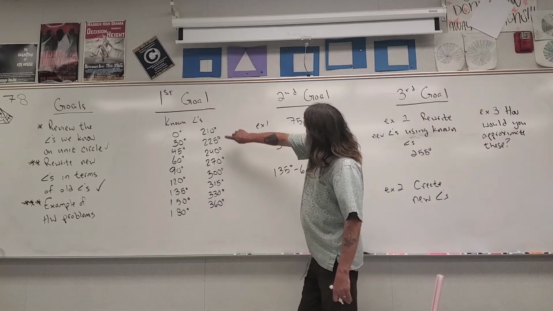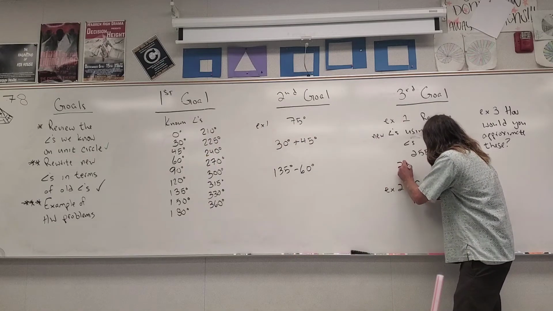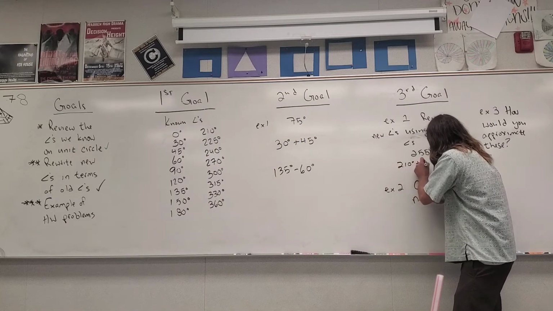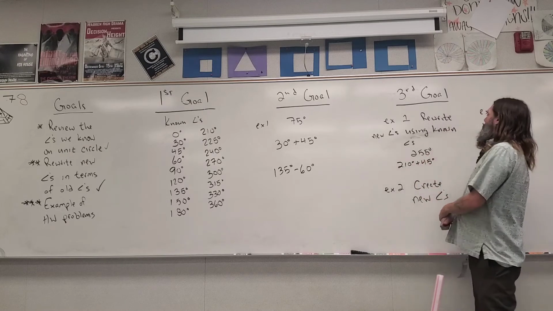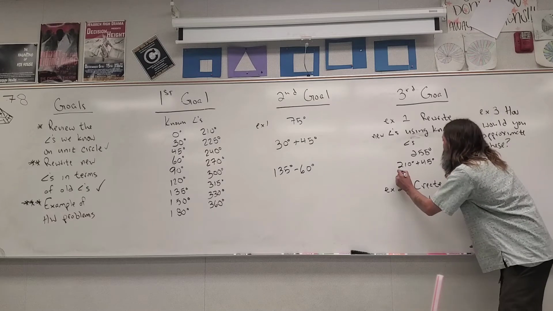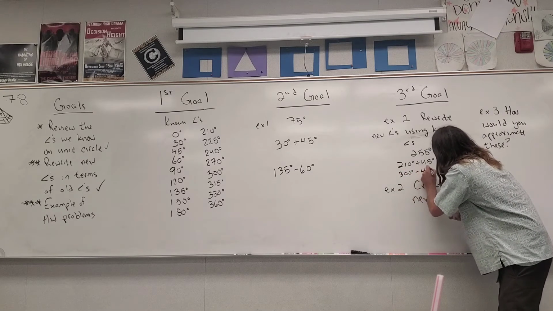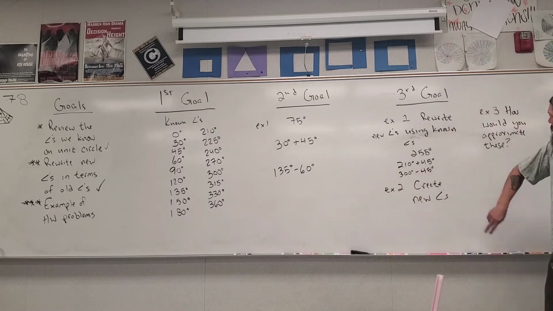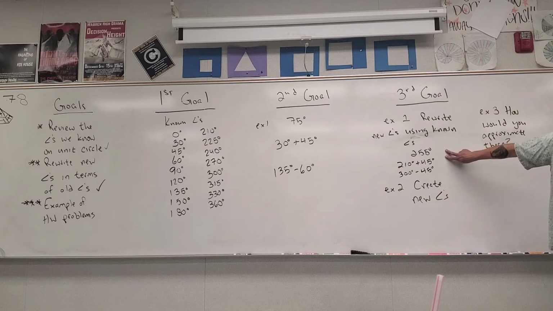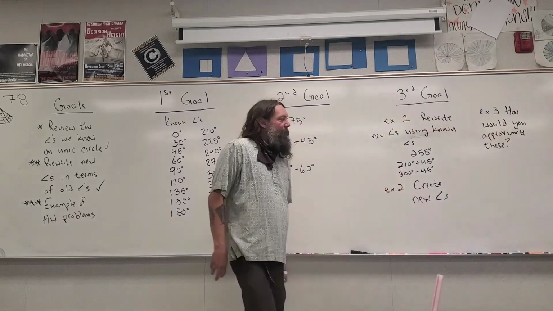Yes, I can go 210 degrees plus 45 degrees. And I can go 300 degrees minus 45 degrees. So I have two ways that I could get to this, and there are probably more ways to get to this angle, but that's part of your homework, right?